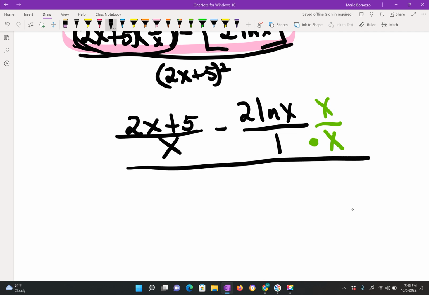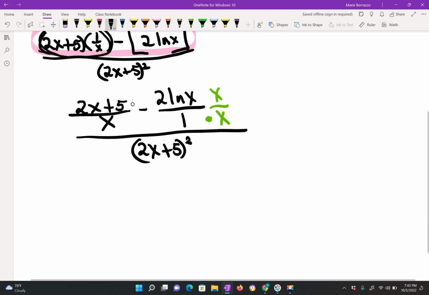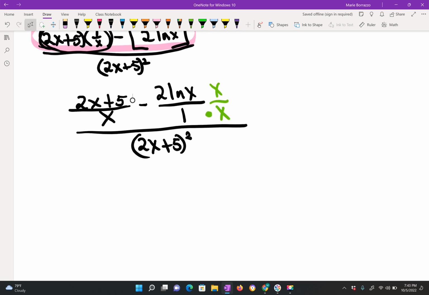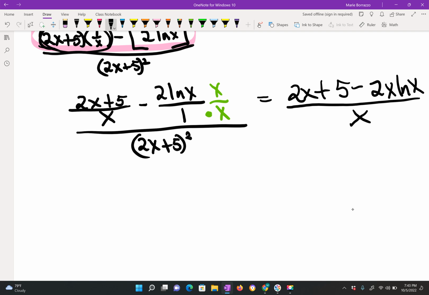And when you do that, remember this is still over 2x plus 5 squared. So I'm not going to skip any steps. You end up with, in this case, 2x plus 5 minus 2x natural log x all over x.